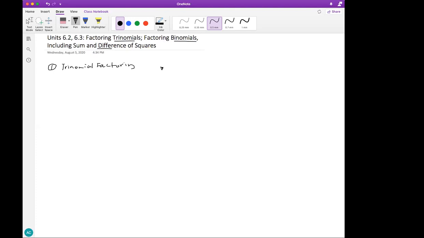So last time again we saw GCF. Always look for a GCF, or the greatest common factor, first. If that doesn't work, then you try one of the other methods. You either try grouping, as we saw last time, or if it's a trinomial, you try this method that we're going to learn in a moment, called trinomial factoring.